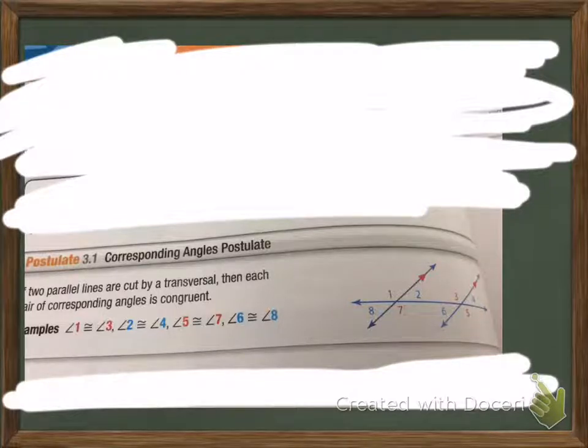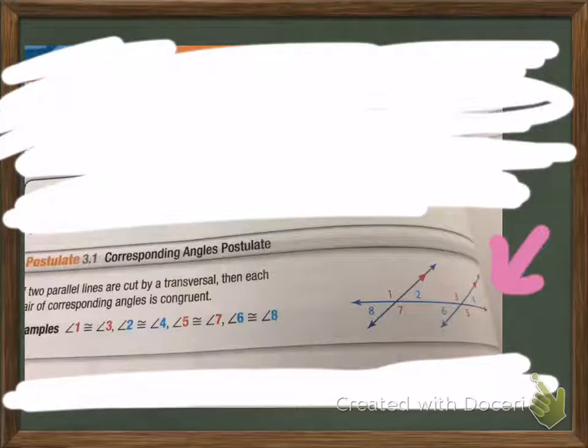If you have a diagram that looks like the one I've pictured here, where you have two parallel lines that are cut by a transversal. You can see they're parallel by the little pink triangles on them, and they're cut by what we call a transversal, which is a straight line through them. Then each pair of corresponding angles is congruent.